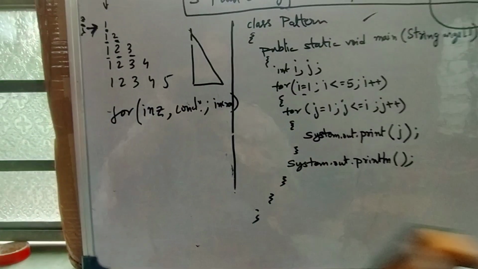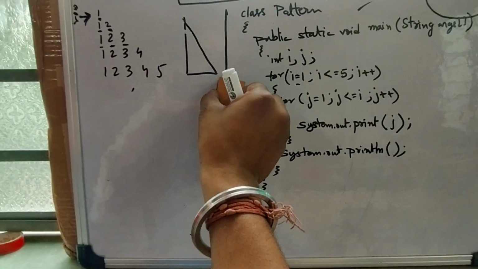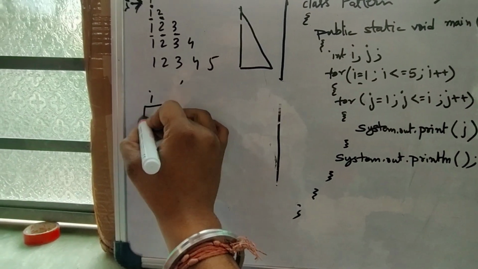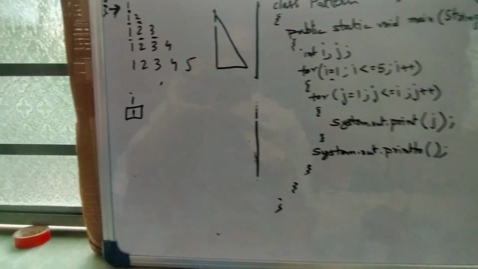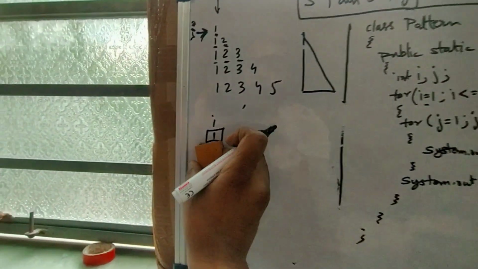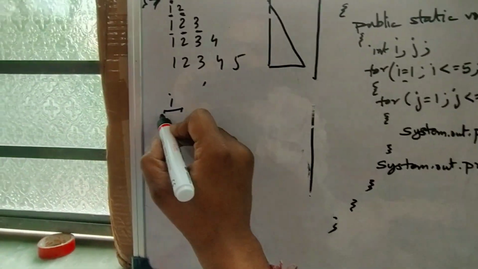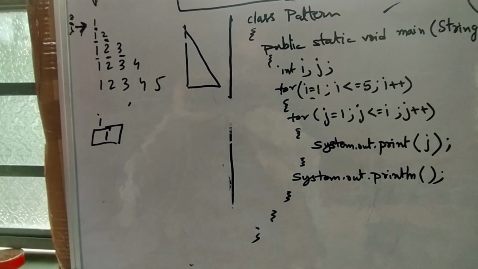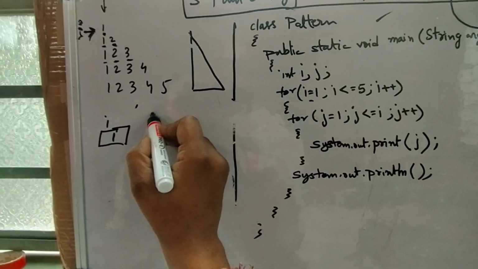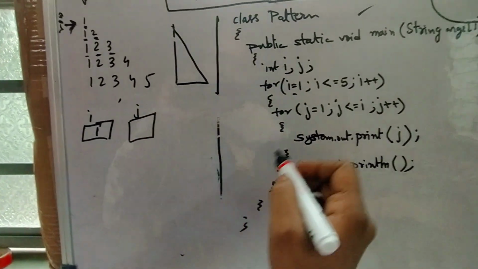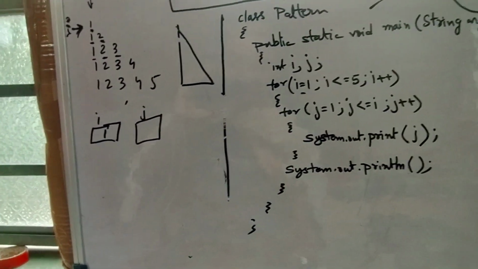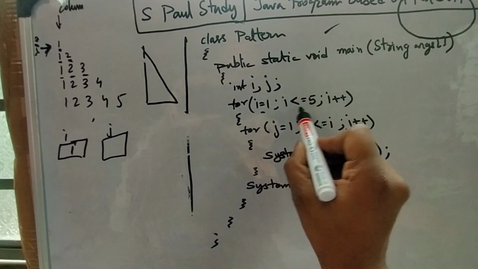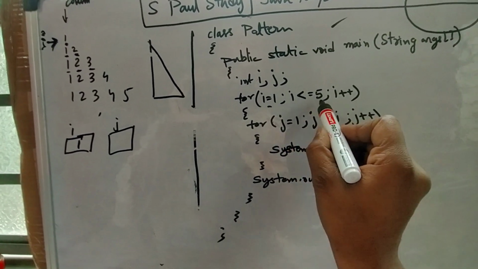Let's go by a rough sketch. The value of I is 1, and the value of j we will check later. So for I equals 1, I less than or equal to 5 means I will go up to 5.